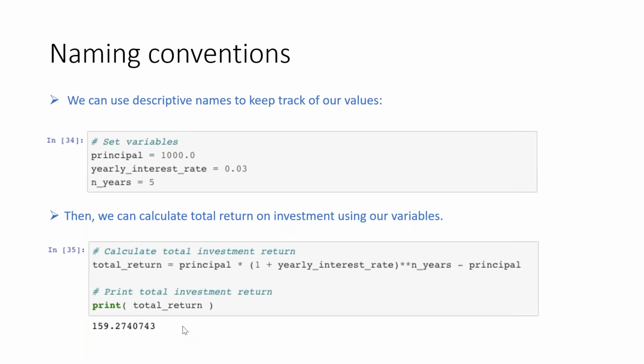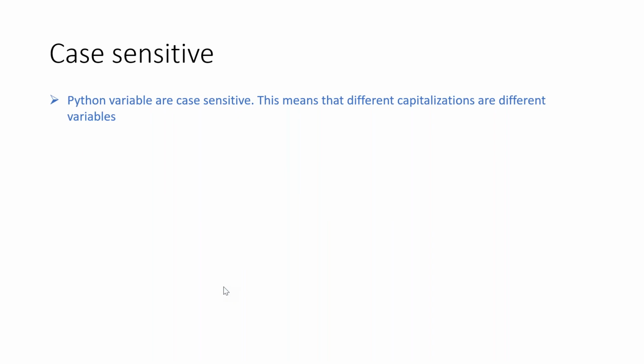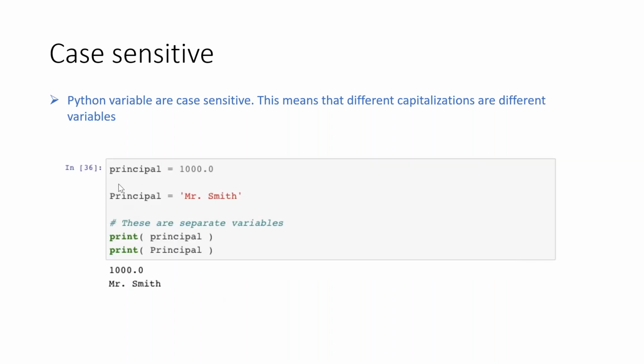So keep doing that. Okay, so again, these variable names are case sensitive. If you use a different case, it will be a different variable. So keep that in mind. Like here, small principal equal to 1000. That is the value I'm assigning.